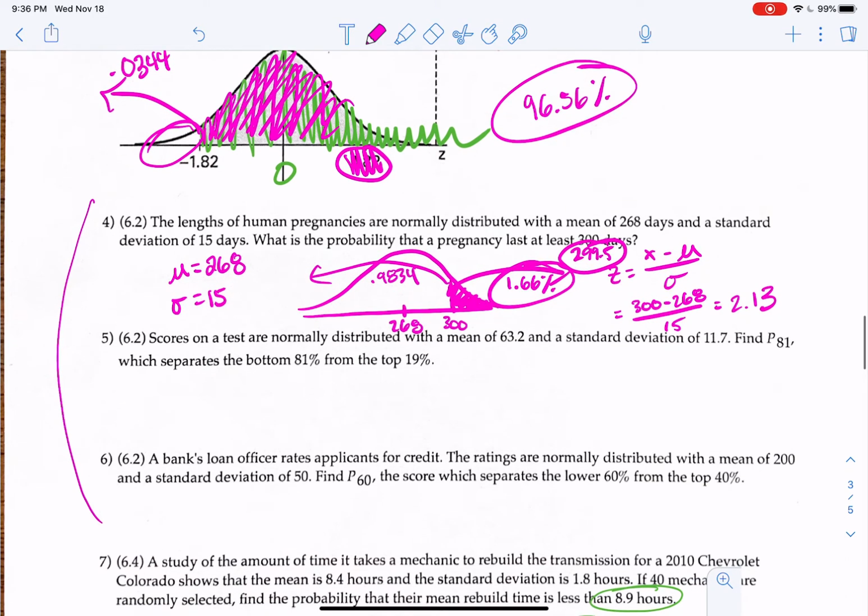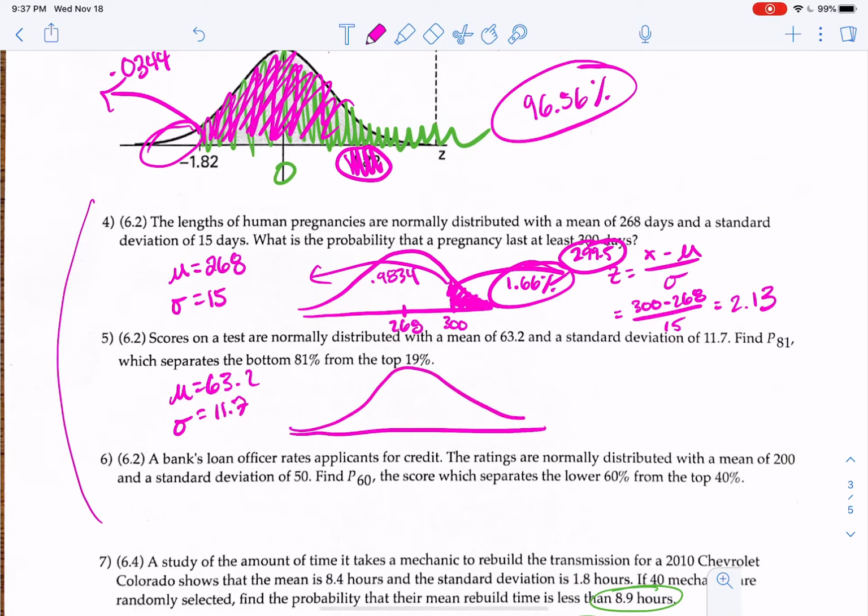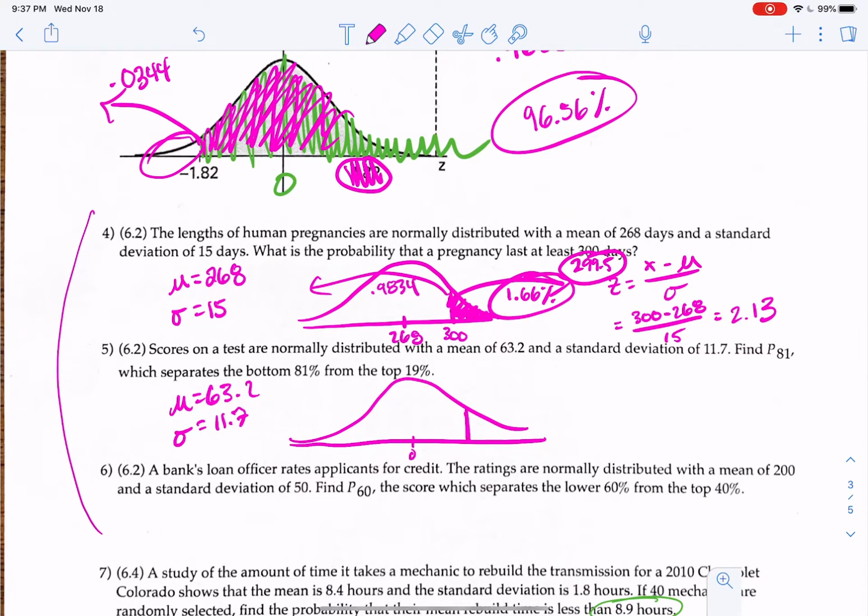Number 5, scores on a test are normally distributed with a mean of 63.2, standard deviation of 11.7, and they want us to find P81, okay? Here's 0 in the middle. P81 means the 81st percentile. That means everybody below me is 81%, so 81% of people are below me, 19% of people are above me.